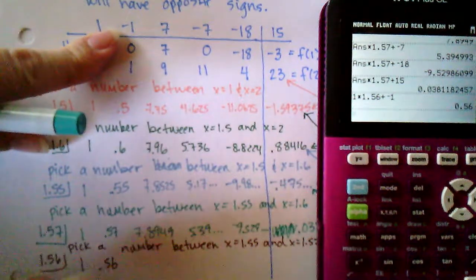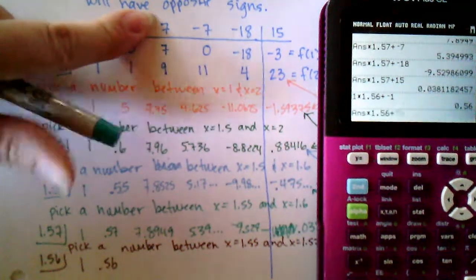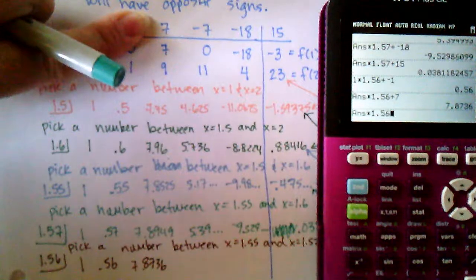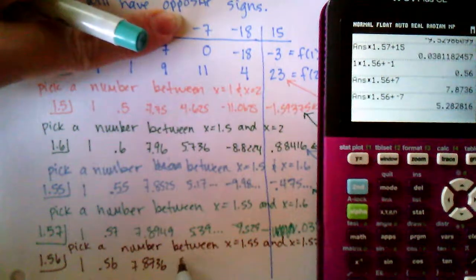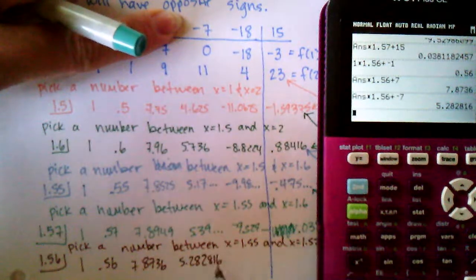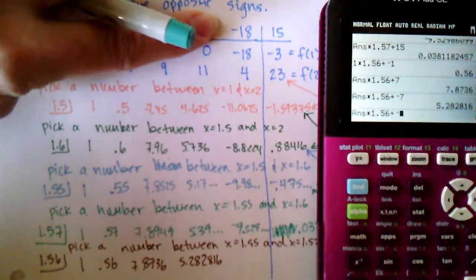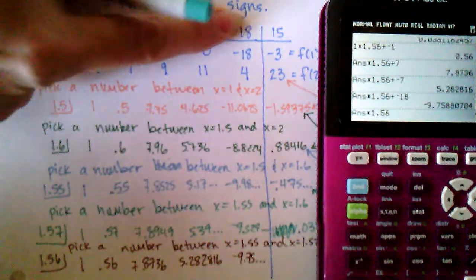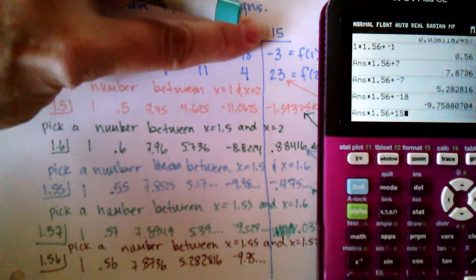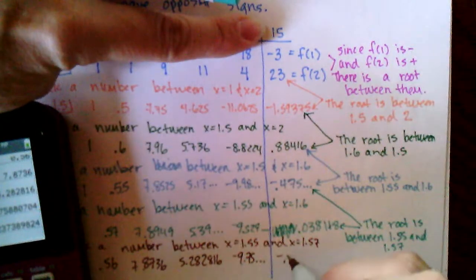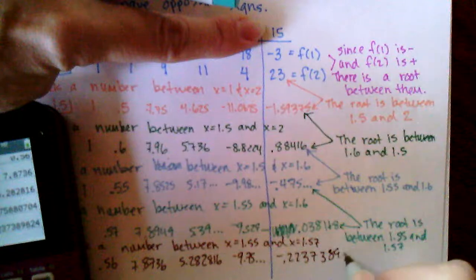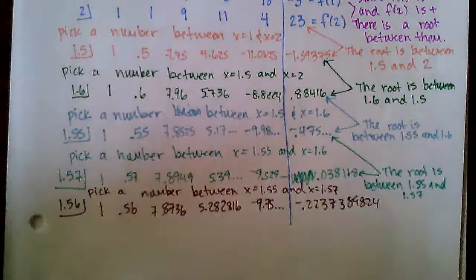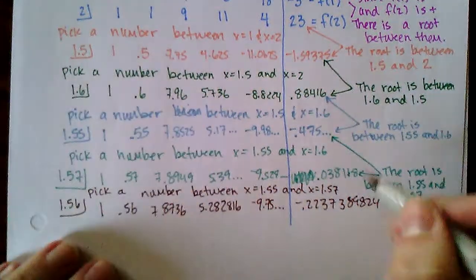So 0.56, and then times 1.56, add it to the 7, 7.8736, times 1.56, add it to the negative 7, 5.282816, times 1.56 again, plus the negative 18, negative 9.75, times 1.56, add it to 15, negative 0.2237389824. Okay.